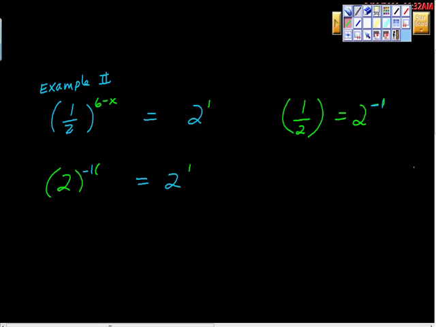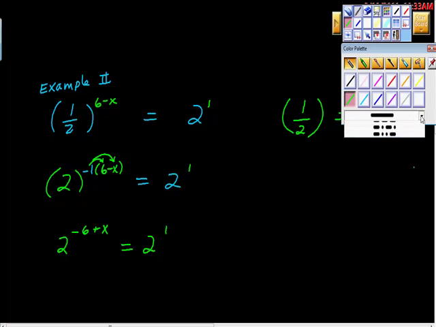So it's going to do this to the 6 minus x here, right? Going to distribute this through here and here. And let's see what this looks like. Now we have 2 to the negative 6 plus x power is equal to 2 to the first power.